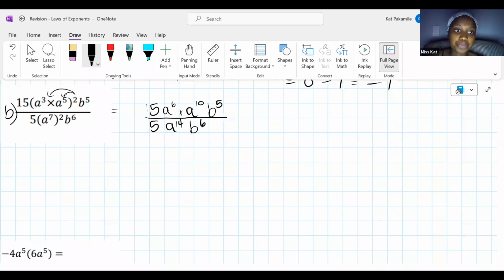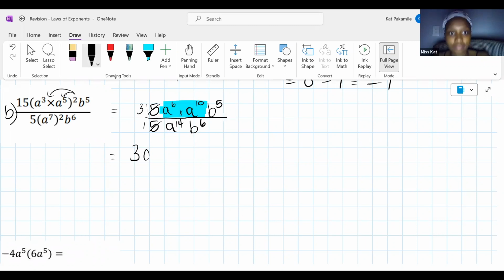Beautiful. And then, ma'am, next thing you're going to do is divide. So 15 divided by 5 gives you a positive 3. And then a to the power of 6 minus 14. Wait, ma'am, there's something I didn't do. So you're going to say a to the power of 16, because 6 plus 10 gives you 16.